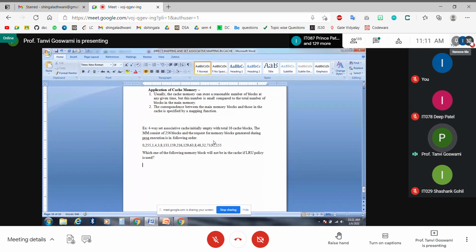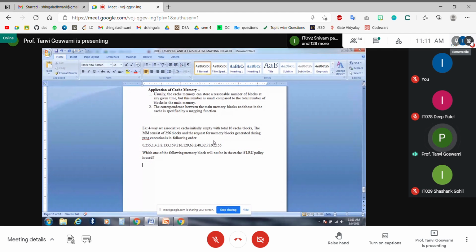So if you are going to replace a block with a new block, the block will be replaced according to LRU policy. You cannot randomly pick any block, but you have to implement LRU policy. And if a block is least recently used, that will be replaced first in a particular set.